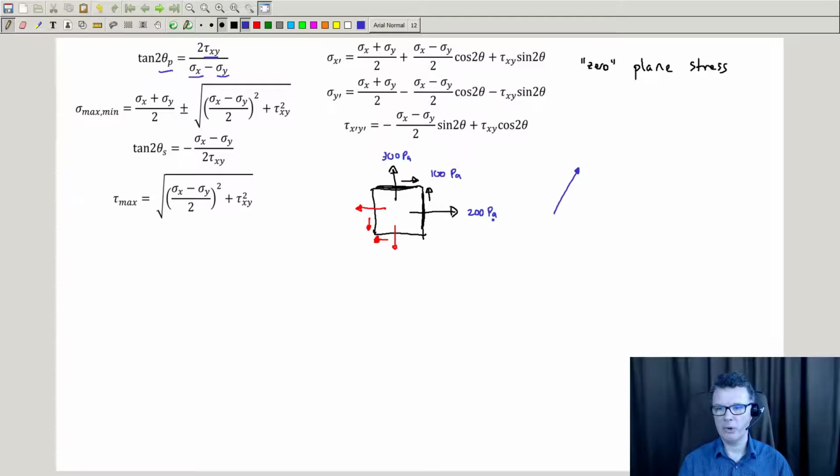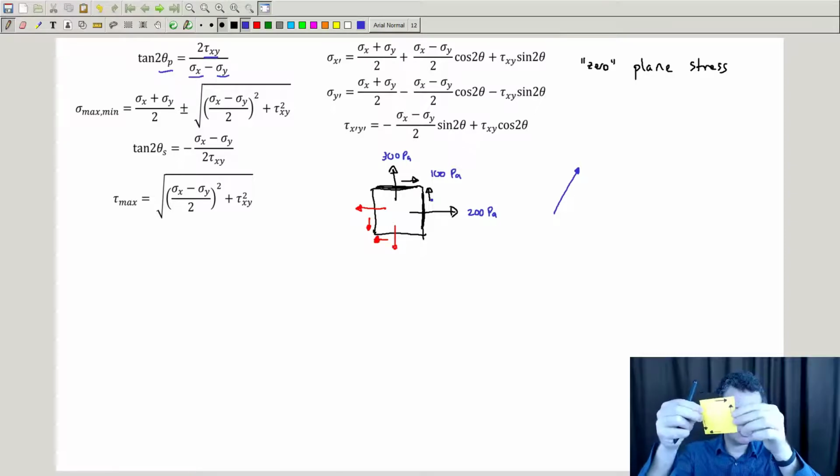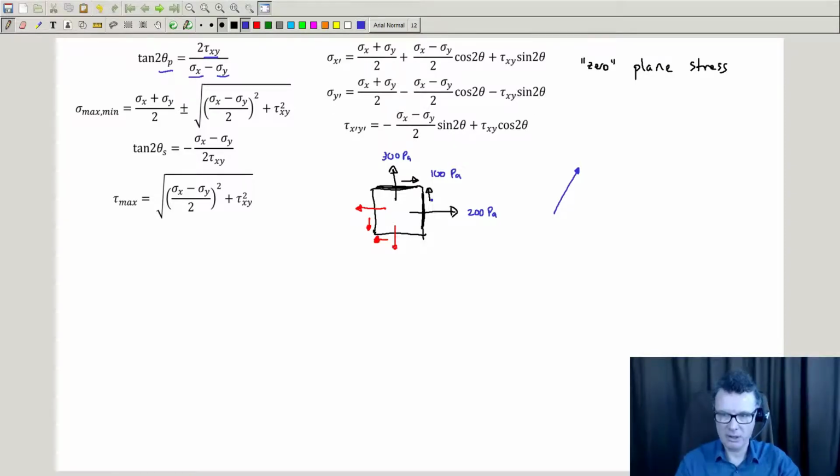So if I'm pulling with 200 in this direction, 300 in this direction, and I'm shearing my element, so here in my little diagram, I'm doing a little bit of this, doing a bit of this in the X direction and a bit more in the Y direction. What ends up happening will give me what?